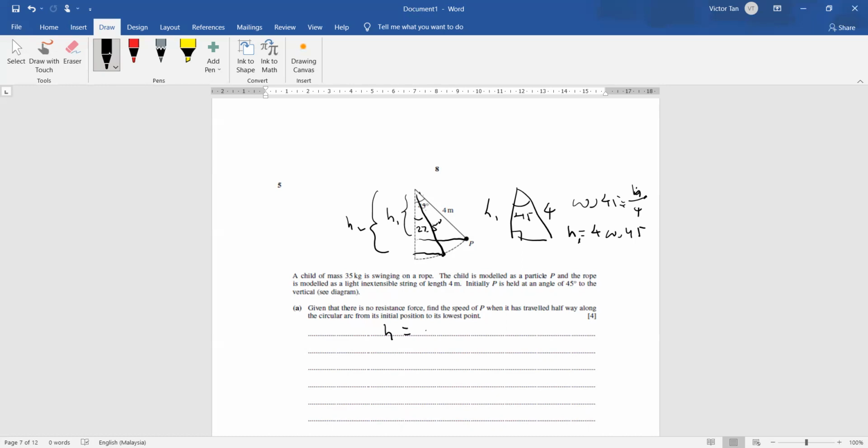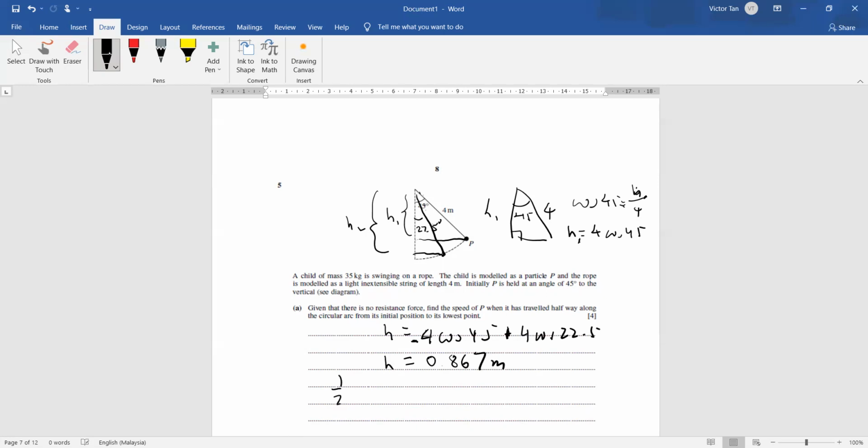Likewise for h2. So this is 4 cos 45 minus 4 cos 22.5, h2 minus h1. So it is 0.867, the height fallen.